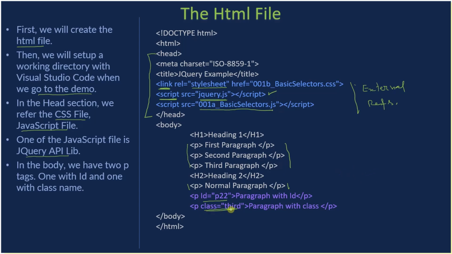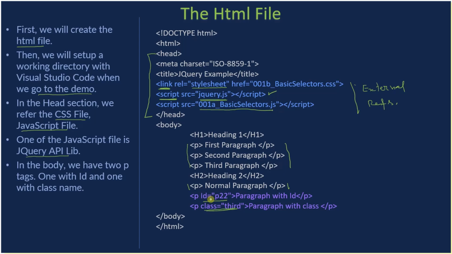Next, we have class equal to third. So here we are applying the class attribute for this paragraph. This class attribute is useful to apply specific CSS styles. Of course, in a CSS selector, you can use ID also. But here we are using the class, and the class can be applied to multiple paragraphs.